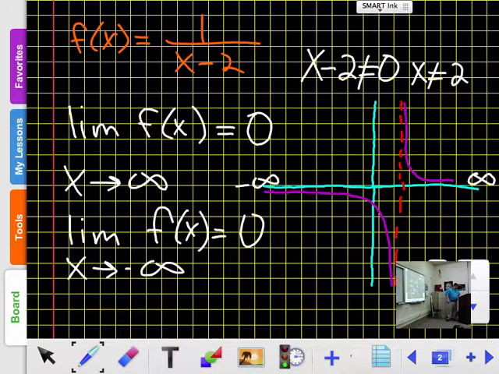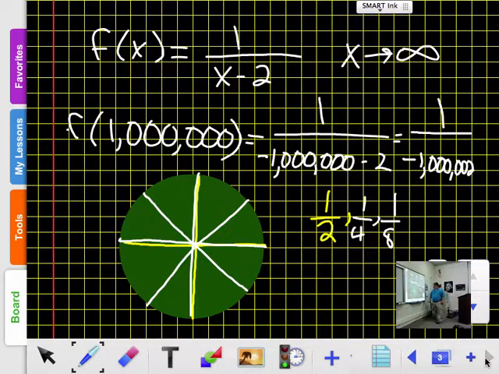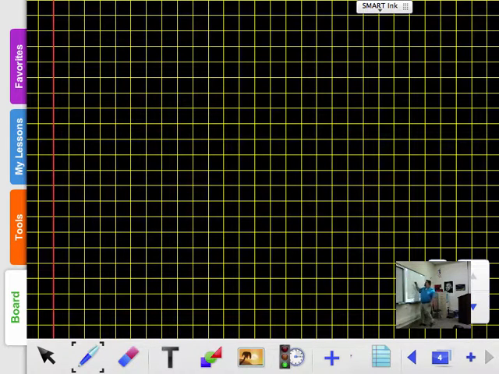So example number 1, just wanted to know what that looked like. Okay? That's pretty much it. And so does anybody know what the parent function of this function is? If you had to guess? This will be called the reciprocal function.